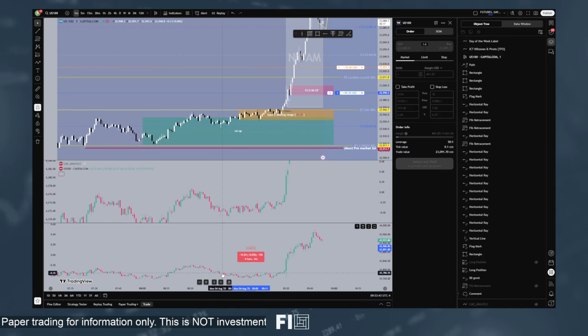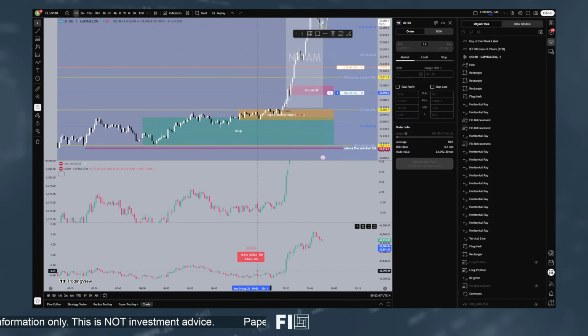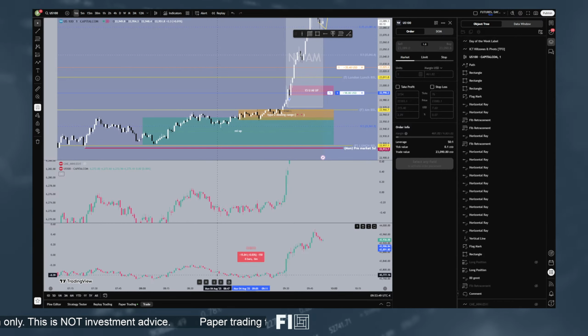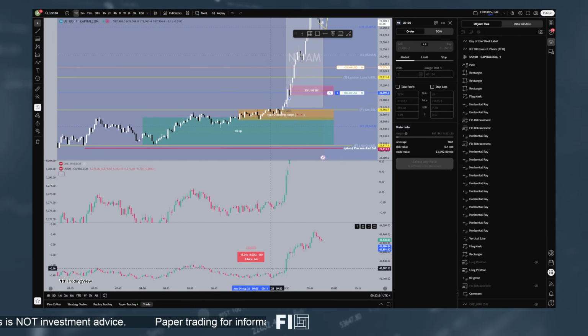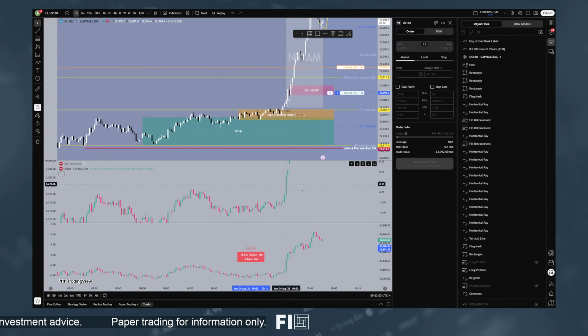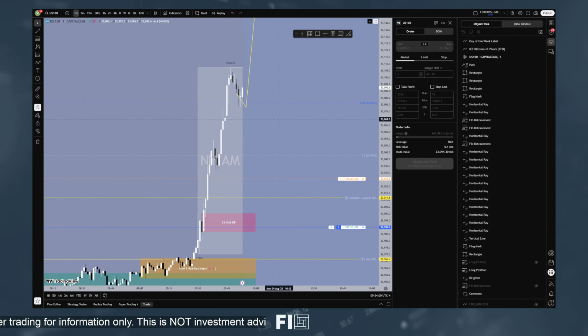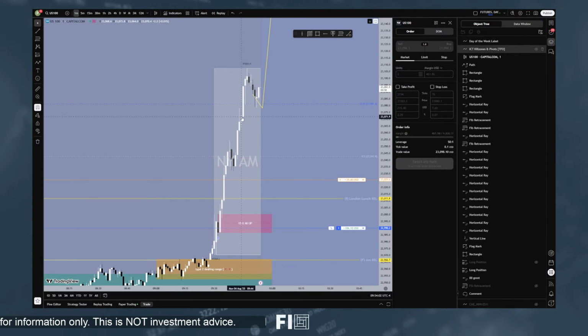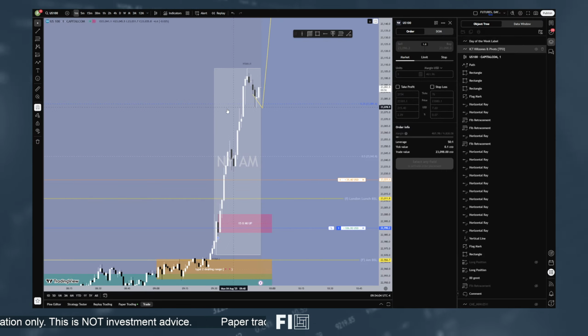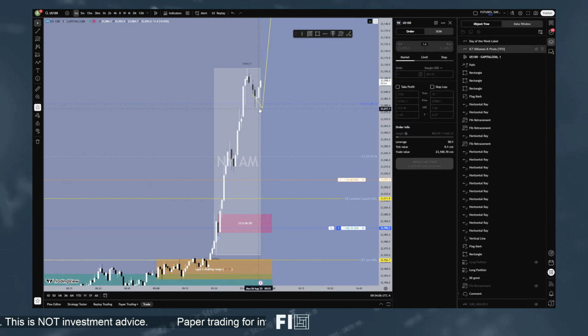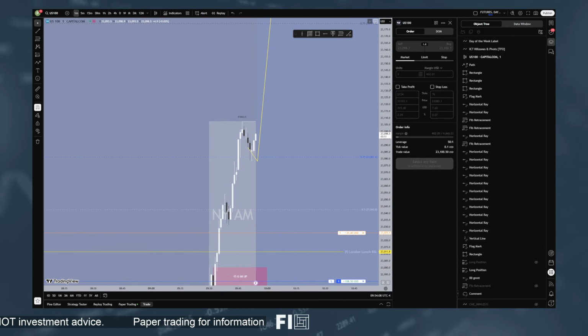Low. Yeah, it looked like a lower low. Yeah, okay. Right, the busy volume imbalance, quarter level. Look how it's just wicking in there. Will this continue to move up higher?